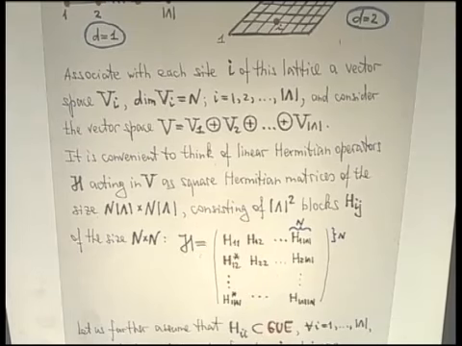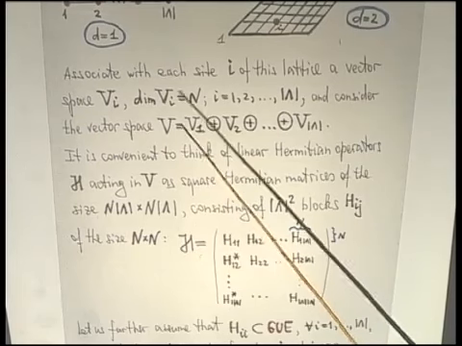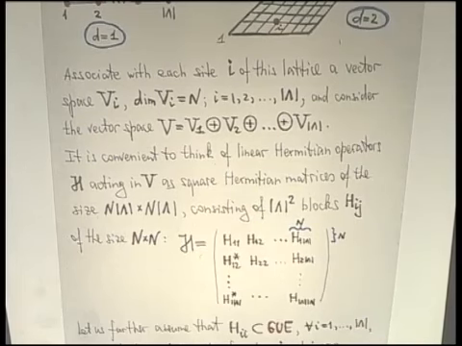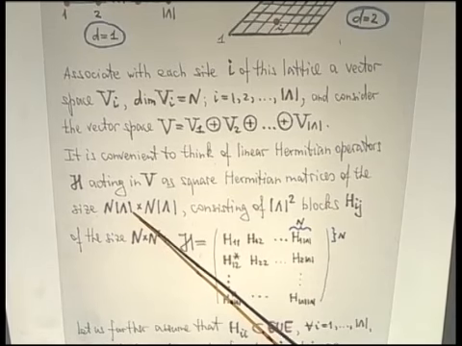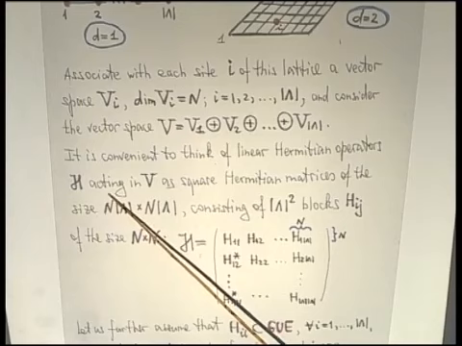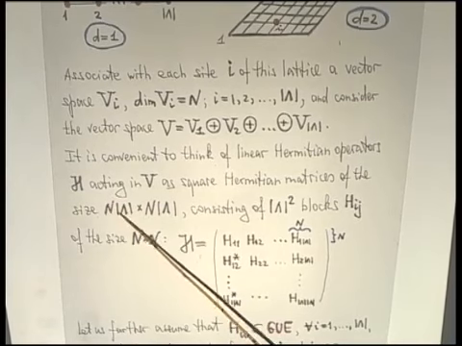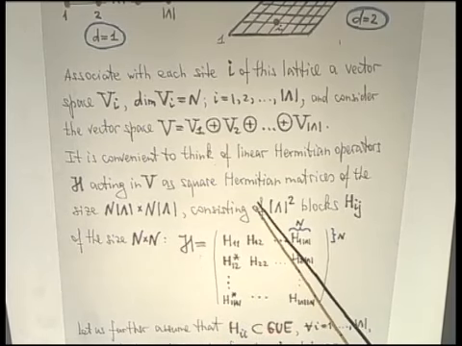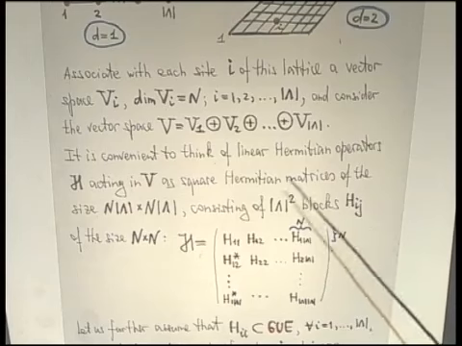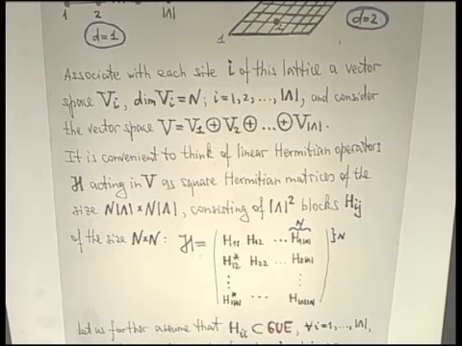It's convenient to think of linear Hermitian operators acting on this vector space as square Hermitian matrices of size number of sites in the lattice times the dimension of the internal spaces associated with each site.